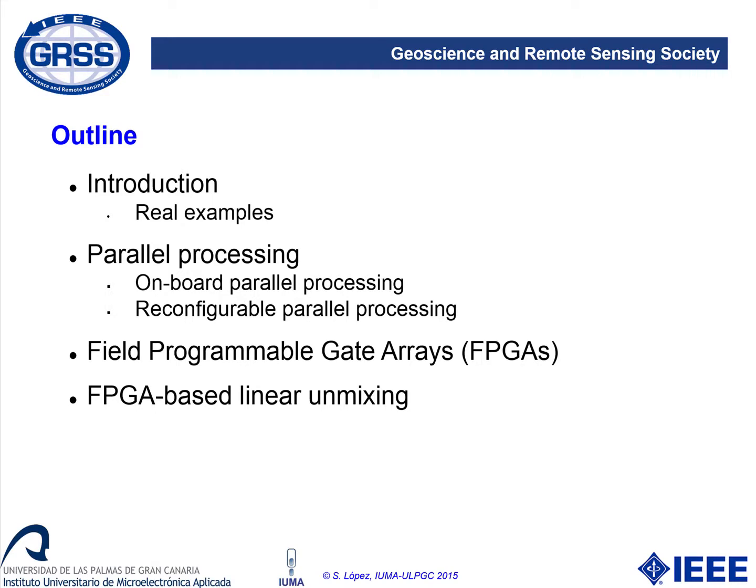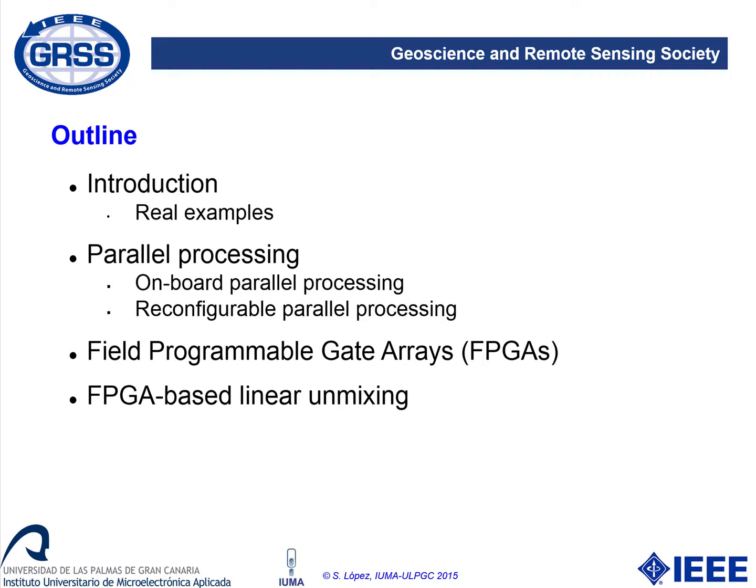First, I will introduce some real examples about why real-time hyperspectral imaging is important and for which applications. In particular, I will introduce one example from a remote sensing scenario, and another one which is not related to remote sensing, but I believe it is also important in order to understand why we need real-time performance.